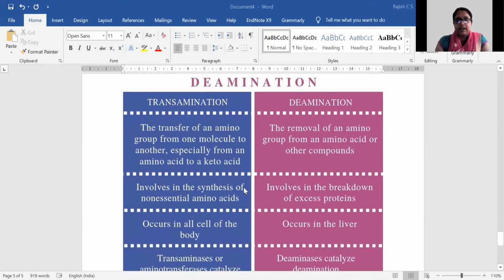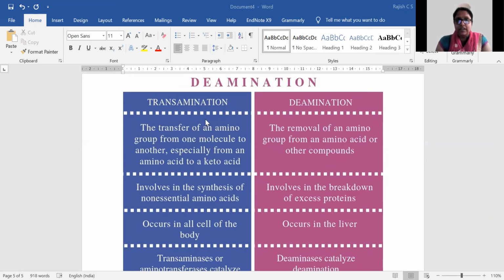So there is the transfer of the amino group from one amino acid to a keto acid. Thereby, the amino acid becomes its respective keto acid, and the keto acid becomes its respective amino acid. But in deamination, the amino group is removed, and so we get only the keto acid and ammonia.